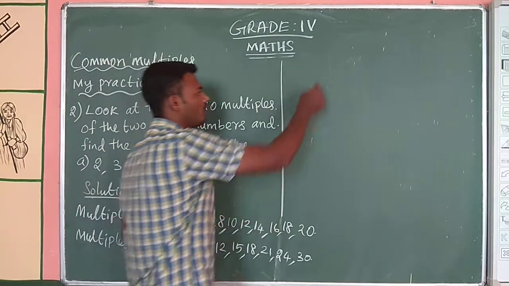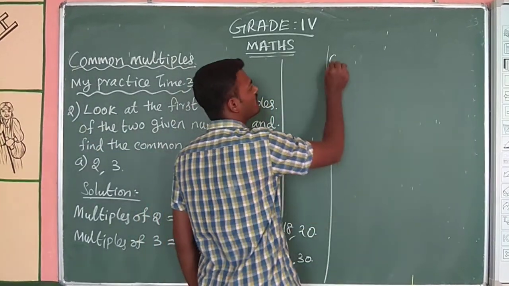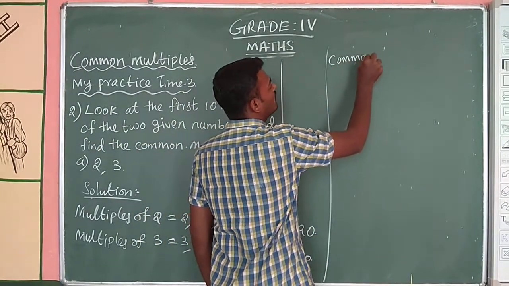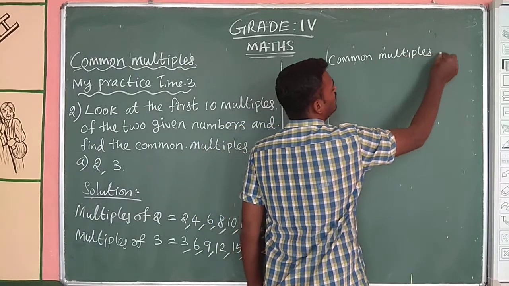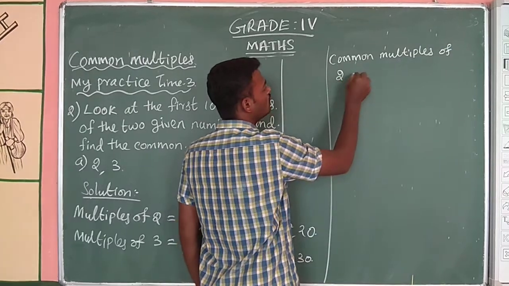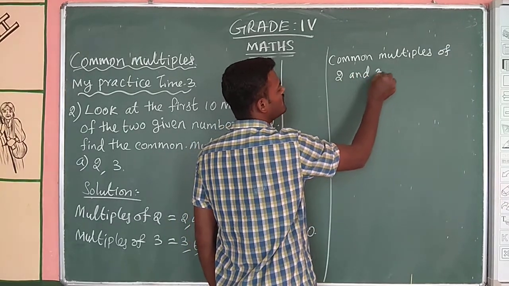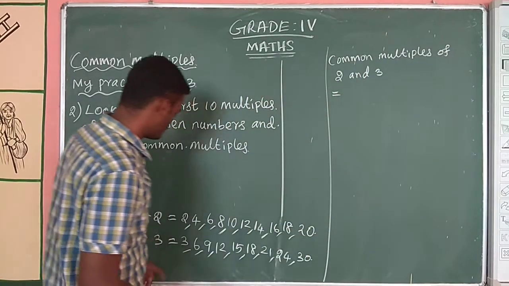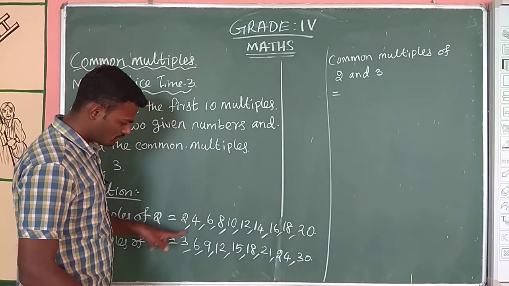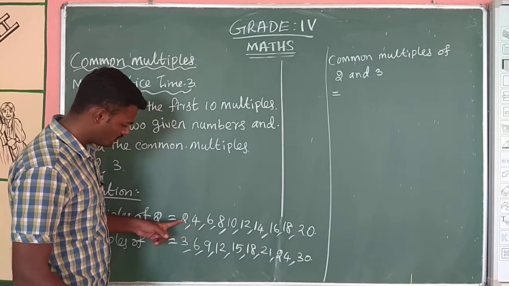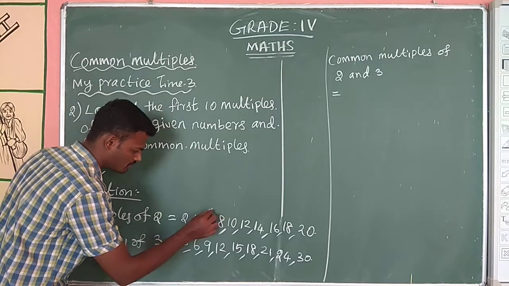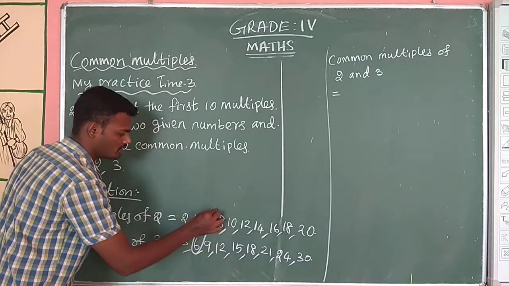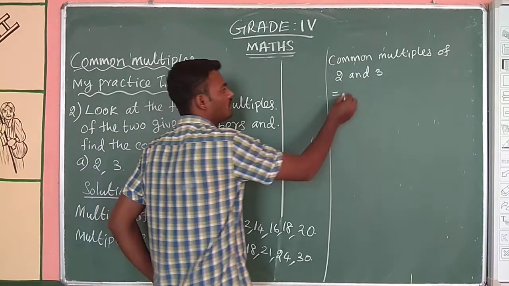Next we find common multiples of 2 and 3. Comparing the two lists of multiples, 6 is the first common multiple of 2 and 3.